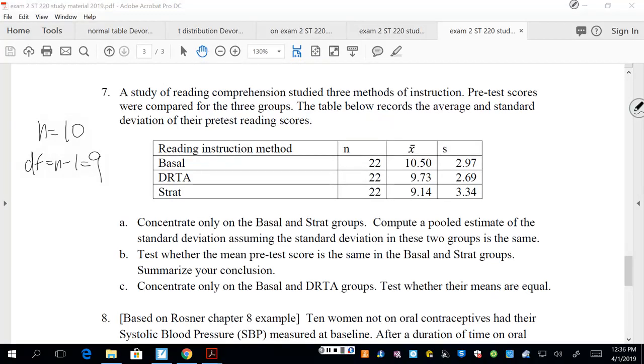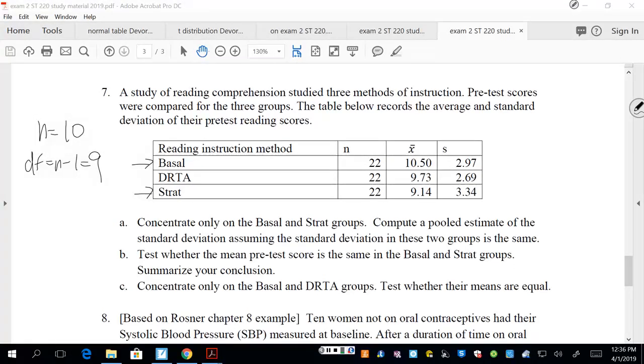Right, so this one, a study of reading comprehension, studies 3 methods of instruction, with pre-test scores compared across the 3 groups. So it's just pre-test scores. The table below reports the average and standard deviation of the pre-test reading scores for the 3 groups. So we have 3 groups, sample sizes, 3 averages, and we concentrate only on the basal and strat groups. These are 2 groups, 2 samples, 2 averages, 2 standard deviations.